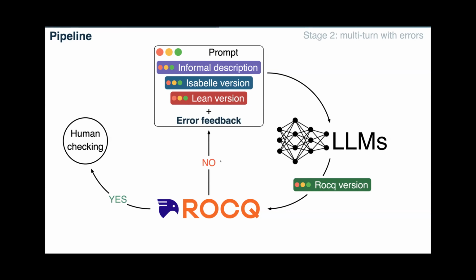The feedback we get from it is added to the prompt and fed again to the LLM on the next attempt. We increase the number of attempts to 3. Each time the theorem does not type check, the error feedback gets added to the prompt and the LLM has a new try.